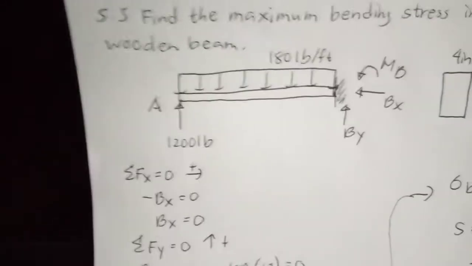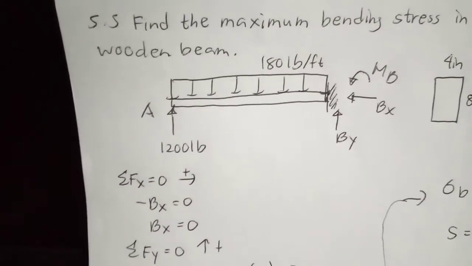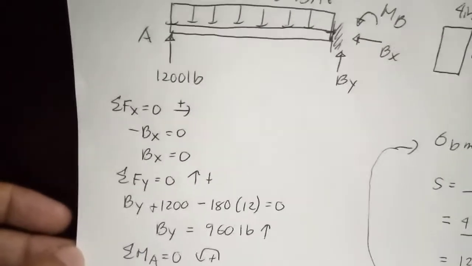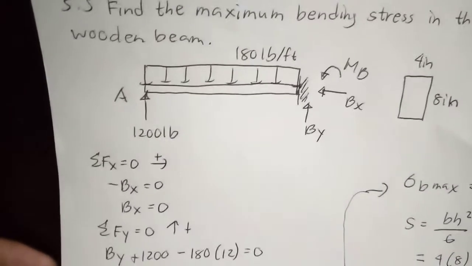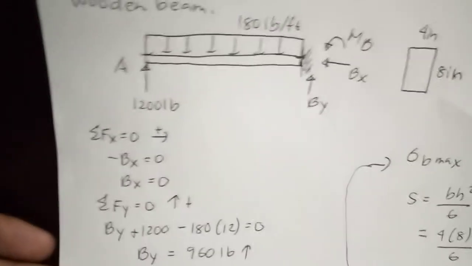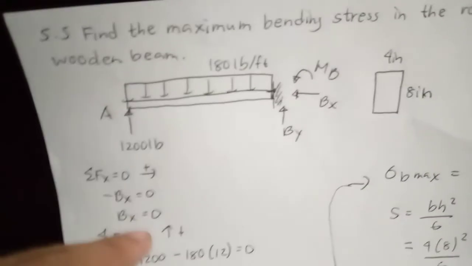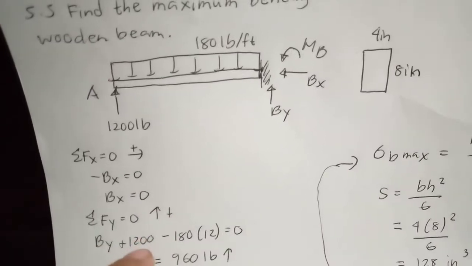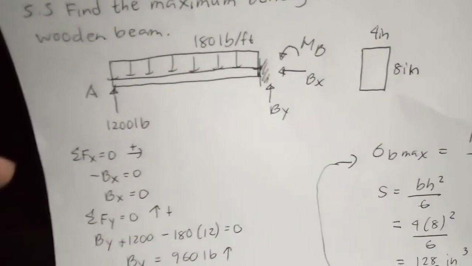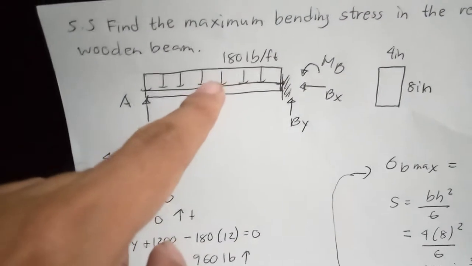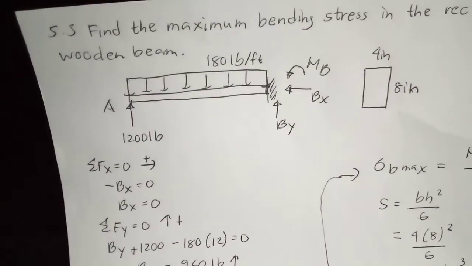Then I sum up forces along the y direction, assuming upward is positive. From the drawing, we have By plus 1,200 since this load is upward, so it's positive, and then minus 180 times 12 since we have a distributed load of 180 and the length is about 12 feet.